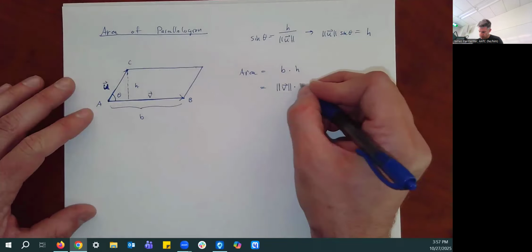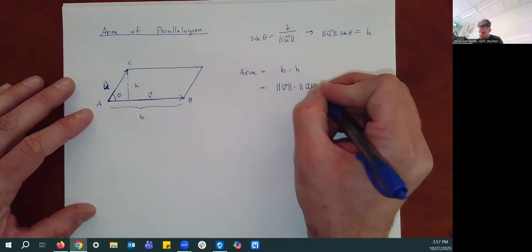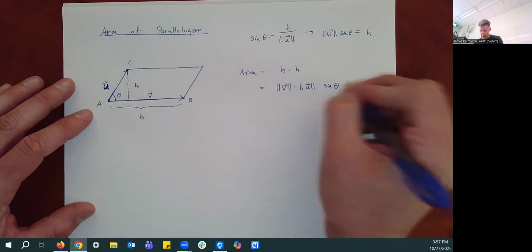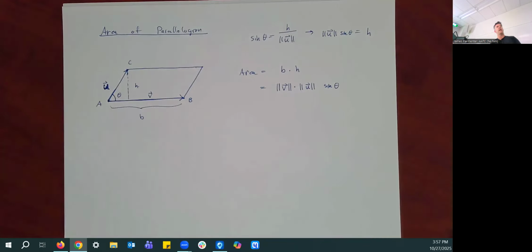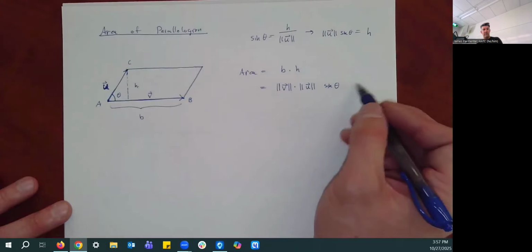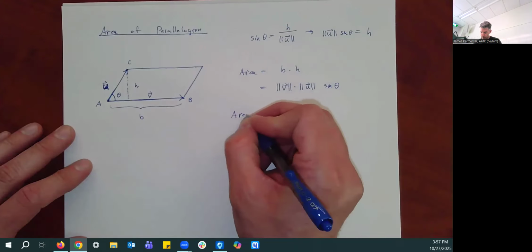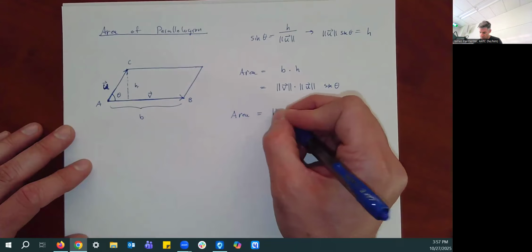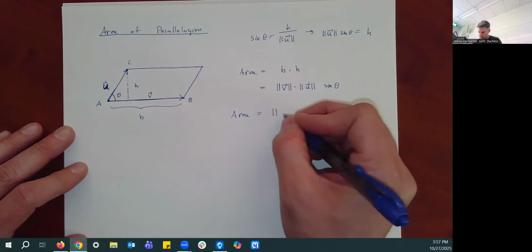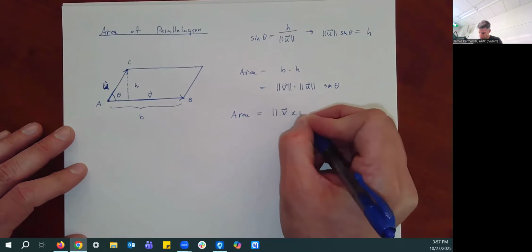And that looks a whole lot like the cross product formula, except we're missing the unit vector. So this is actually equal to the magnitude of V cross U.